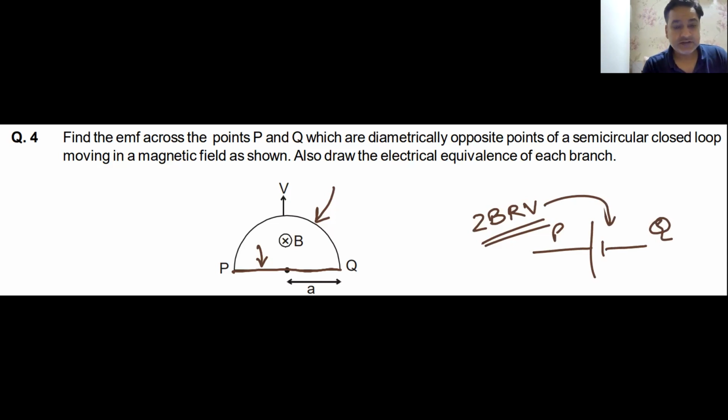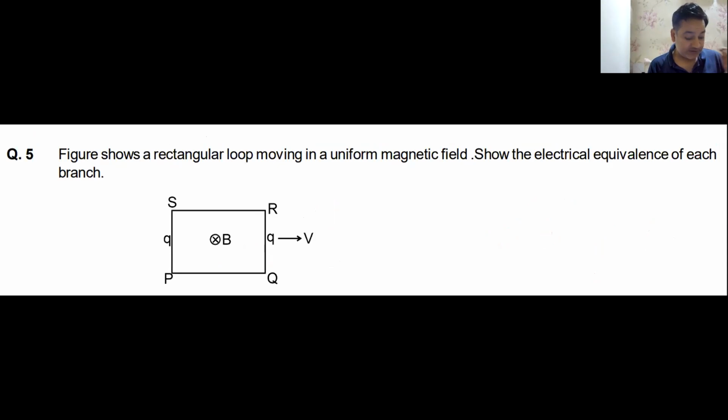Got it? Then this is a small question just to make you understand that if you have a full loop moving inside a constant magnetic field, the EMF induced in the entire loop would be zero. Yes or no? Yeah. But here they are asking what is the EMF induced in each and every segment.